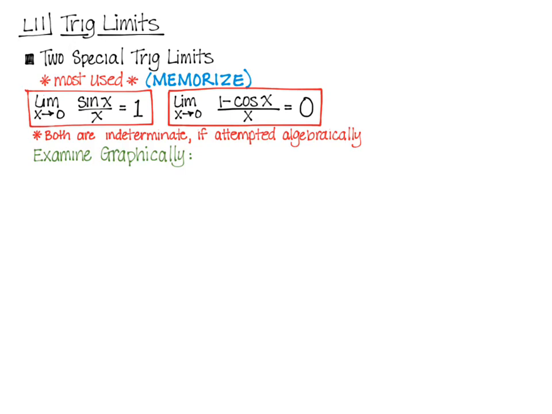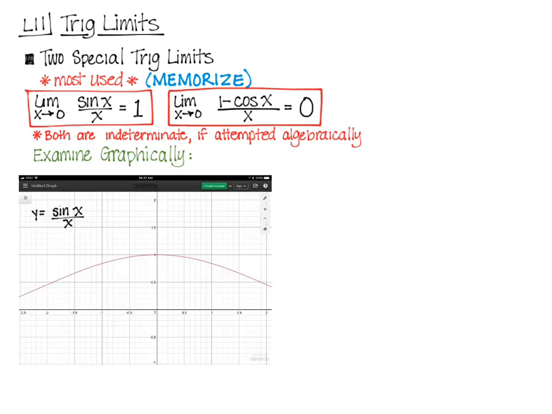Let's first take a quick look at what sine x over x looks like in a graph. This is zoomed in a little bit, but here it is. As we approach 0 from the left, coming this direction, the function is approaching this spot right up here.